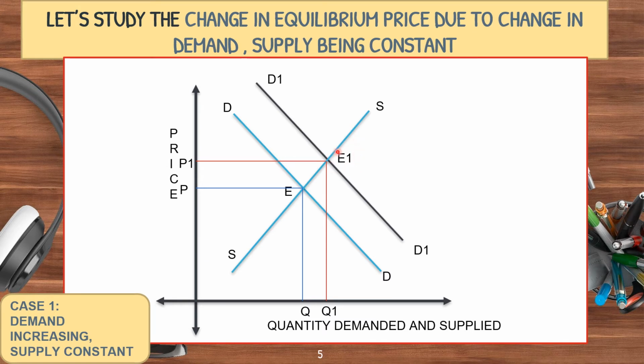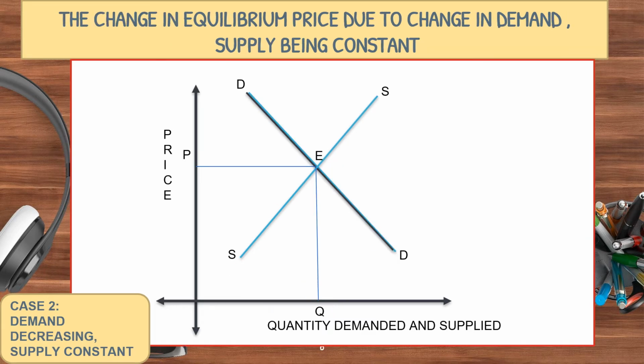And this new equilibrium point E1 determines a new equilibrium price which will be higher, that is OP1, and a new equilibrium quantity, that is OQ1. So you see what happens when demand increases, supply being constant? Not only is there a rise in the equilibrium price from OP to OP1, but there is a rise in the equilibrium quantity demanded and supplied from OQ to OQ1.